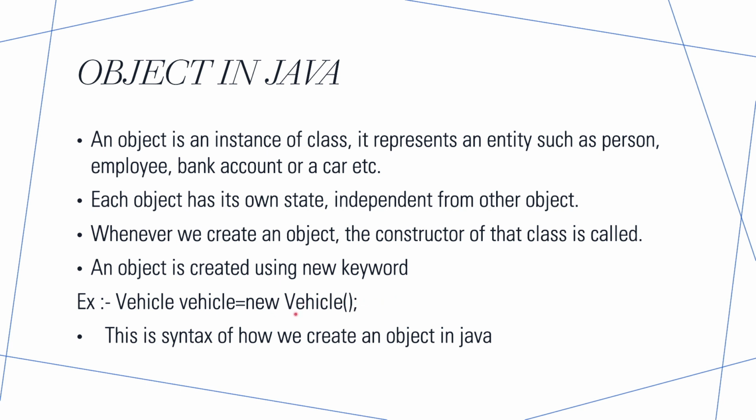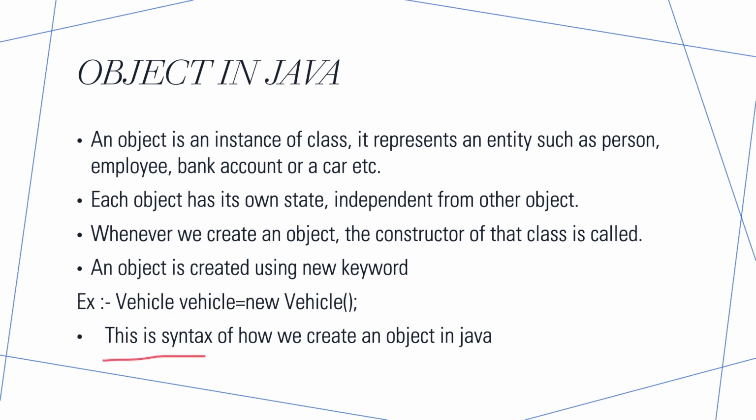But in Vehicle, we don't have any parameterized constructor. So this is what a default constructor looks like. If you don't create any constructor, Java will provide a default constructor, that is a no-arg constructor. So we don't need to pass any arguments.